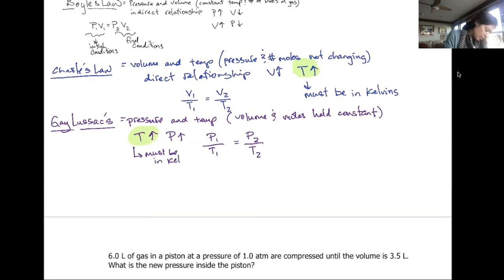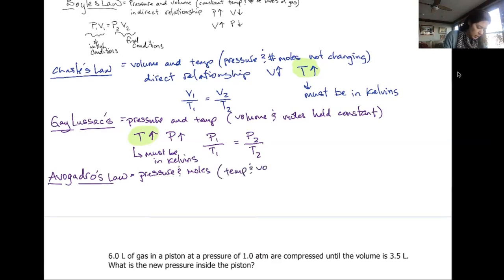And then we can almost finish this up by doing Avogadro's law. And he states he's going to deal with pressure and moles such that temperature and volume are constant, okay? And there's a direct relationship between the number of particles in the container and the number of collisions with the walls of the container.